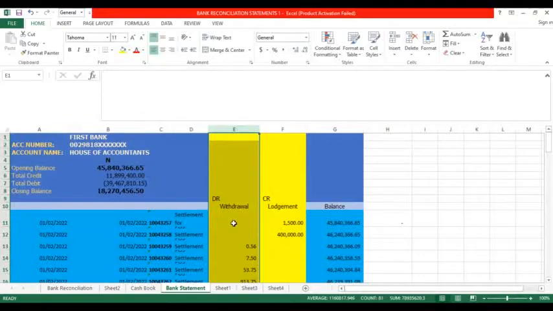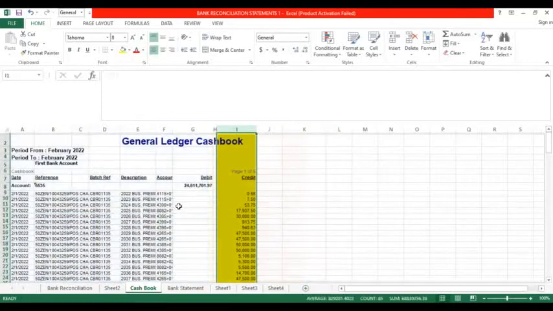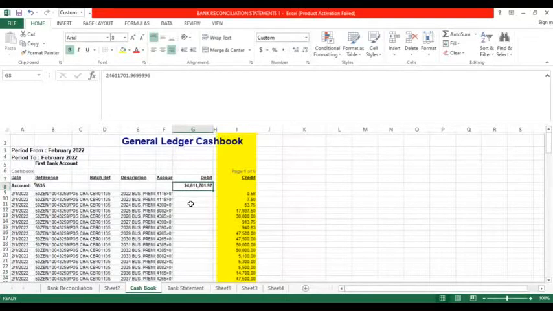So what we are going to do now is to check what are the things that cause the differences. But first thing you must know, you see that the opening balance in bank statement is reading 45 million, but opening balance in cash book is reading 24 million. So the two figures do not agree. That is the first problem we have to tackle. I put this one there intentionally so that when we meet it in our different offices, we'll be able to know what to do about it.